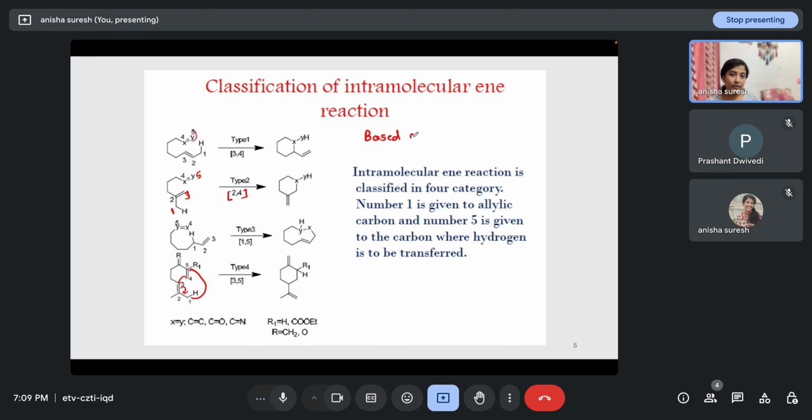Based on difference in tethering carbon atoms, intramolecular ene reactions can be classified into 4 types: type 1 is 3,4 tether, type 2 is 2,4 tether as you can see here, type 3 is 1,5 tether, and type 4 is 3,5 tether.